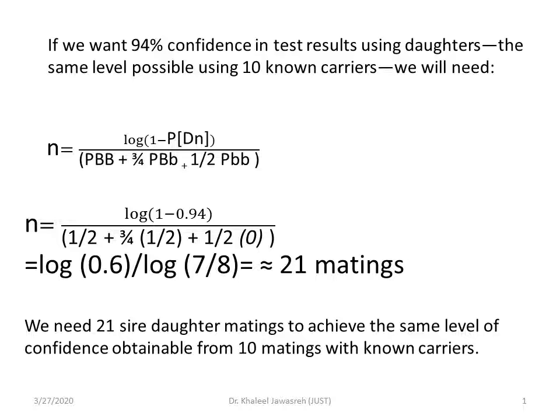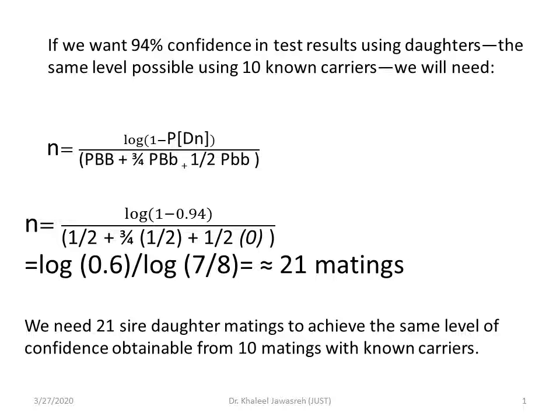This question: if we want to have 94% confidence in test results using daughters, the same level possible using 10 known carriers. So in this case, we will use the second equation, given that we are aiming to have 94% confidence.